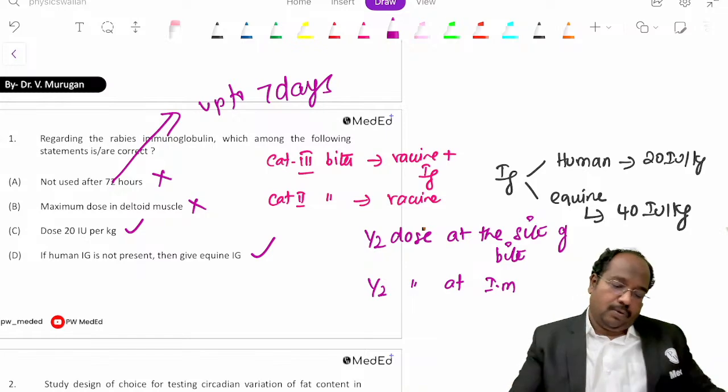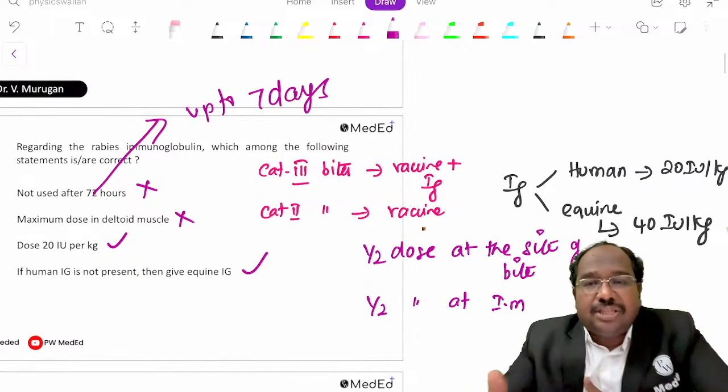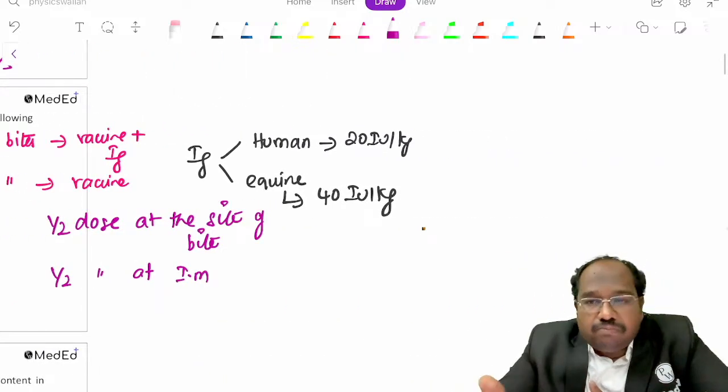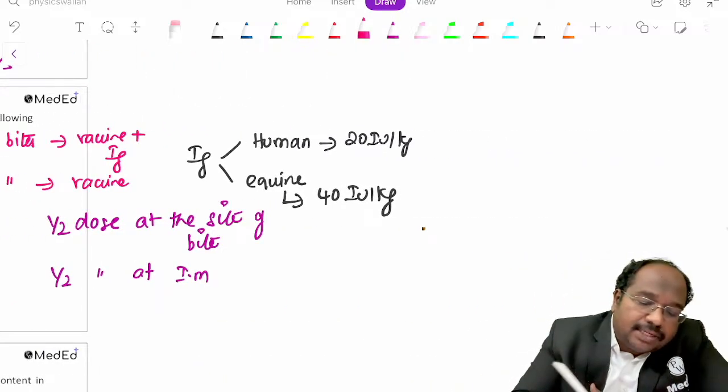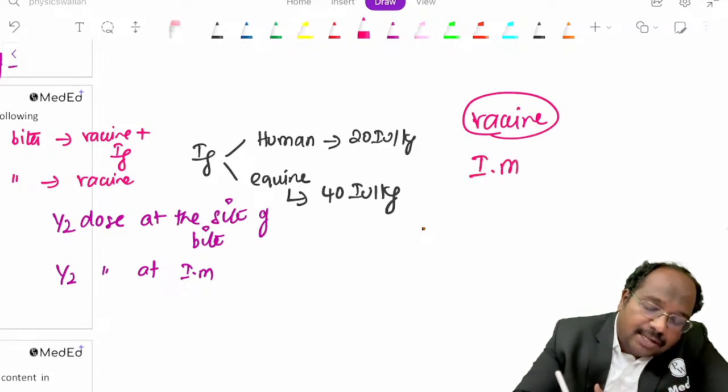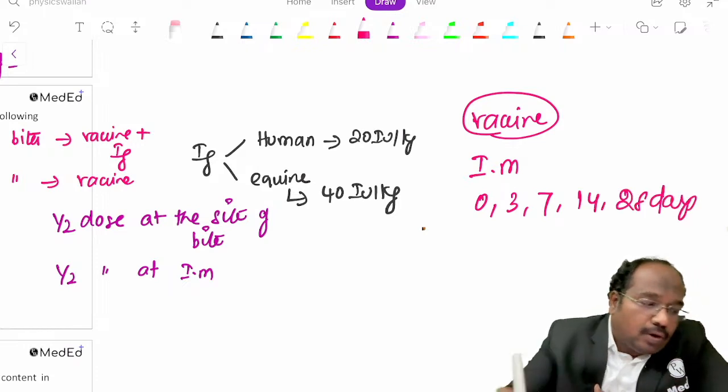Now, am I clear? Some additional points we will see here. First, what is the schedule for the vaccine? If it is the intramuscular regimen, it is 0, 3, 7, 14 and 28 days, post exposure.